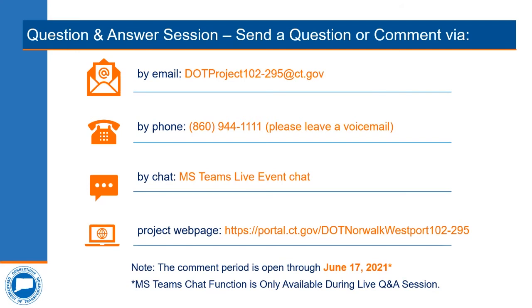You do have the option of dropping us a call at 860-944-1111. I would reference the 102295. If you don't have that information, you can go to the project website portal at ct.gov/DOTNorwalkWestport102295.